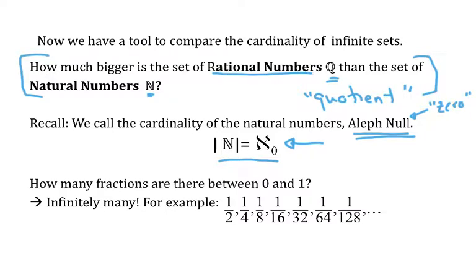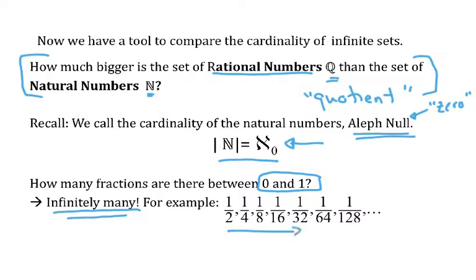And your instinct is probably that the rational numbers are much bigger, because we've already talked about this. How many fractions, how many rational numbers, are there between 0 and 1? Well, there are infinitely many. And here is an example.